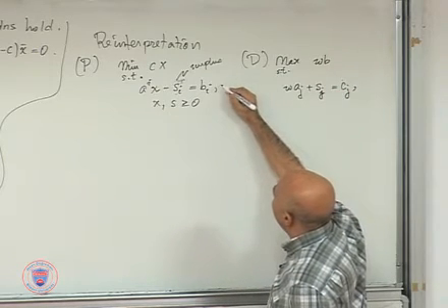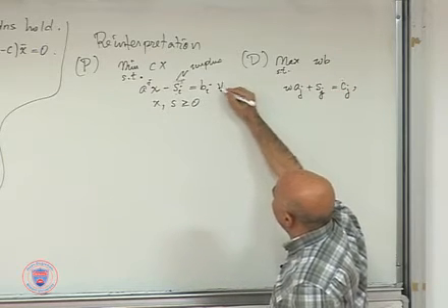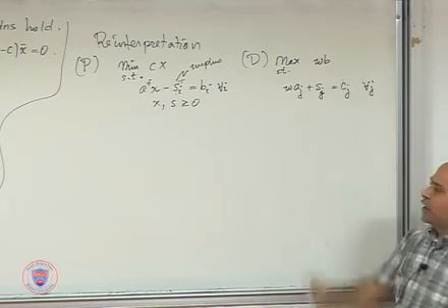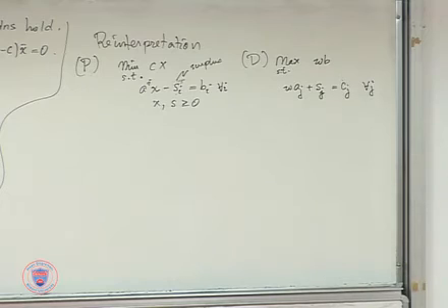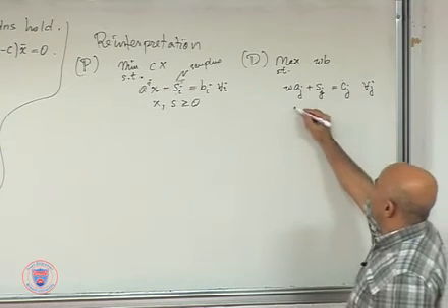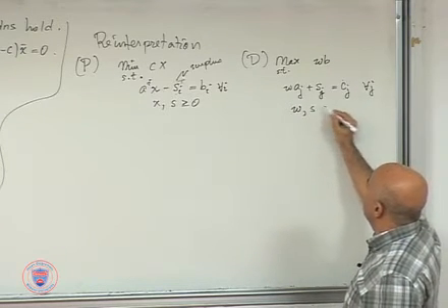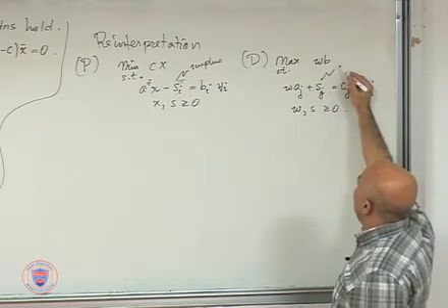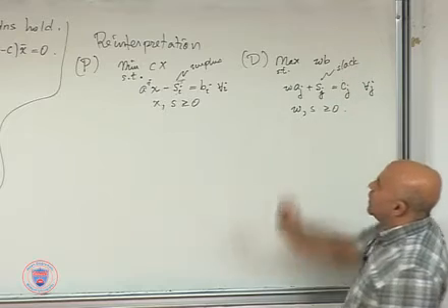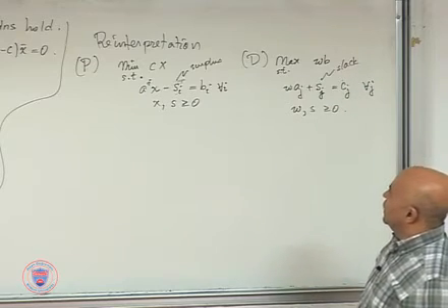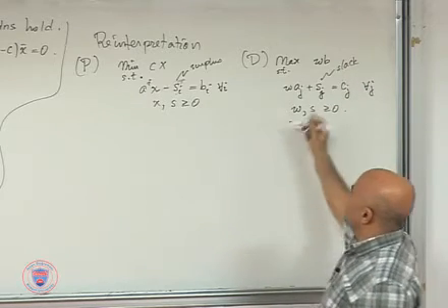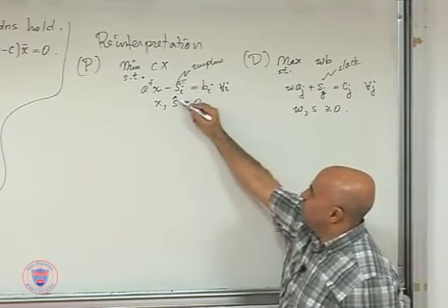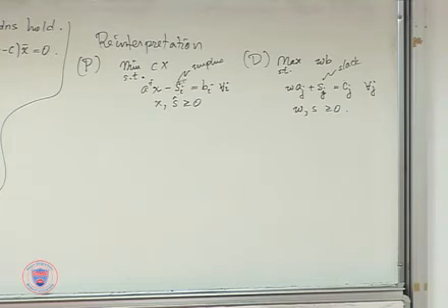By the way, of course, we have this for every i and for every j here, i going from 1 to m, j going from 1 to n. And of course, w as well as s is greater or equal to 0. Now, these are slacks. And in order not to confuse the surplus variables with the slack variables, let's just put a cap on top of your surplus variables. So, we distinguish them. Okay?